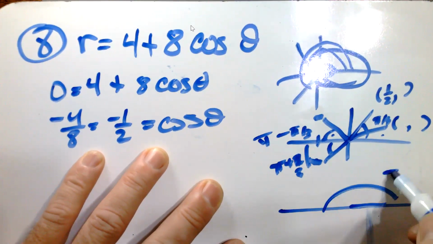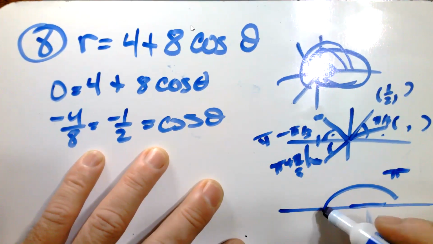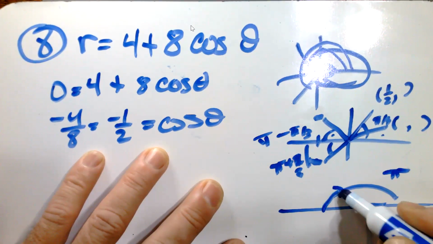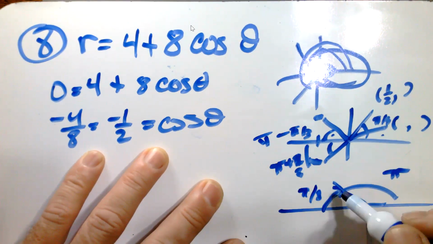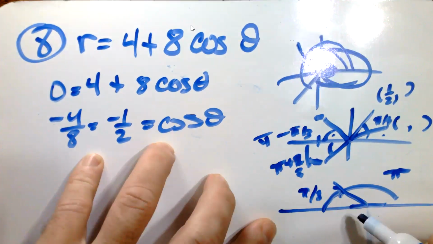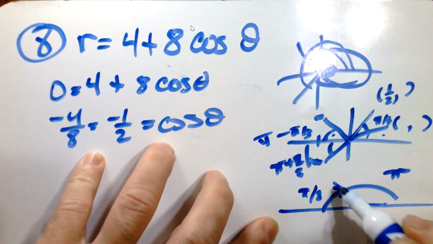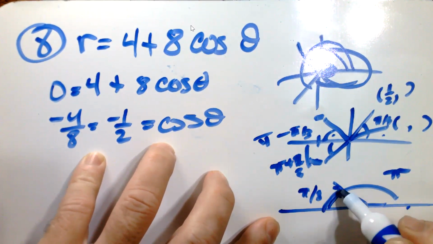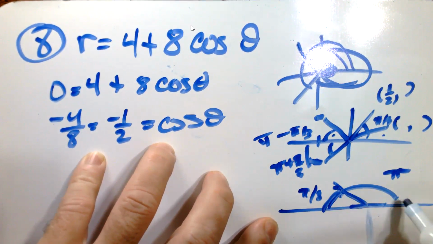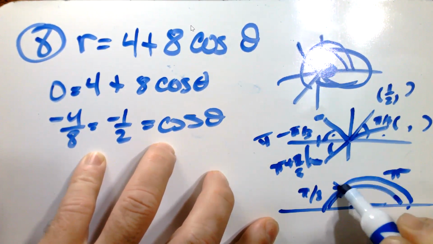This entire angle is pi, and what I'm saying is that we're going to come back just a little bit more. How much more? We're coming back that reference angle, pi over 3. The reason we're subtracting pi over 3 for this upper angle is because the entire line is pi, and we're scooting back pi over 3 because we're after the measurement of this angle here.